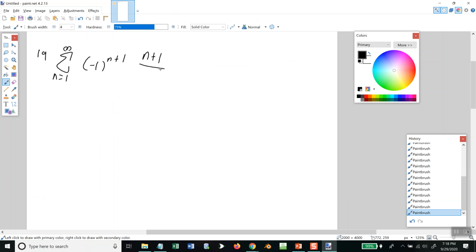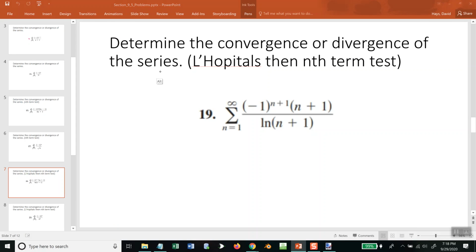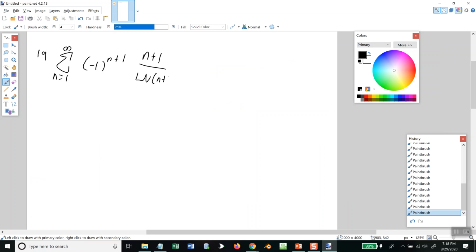N plus 1 over the natural log of n plus 1. And this is our a sub n. So limit as n goes to infinity of a sub n.